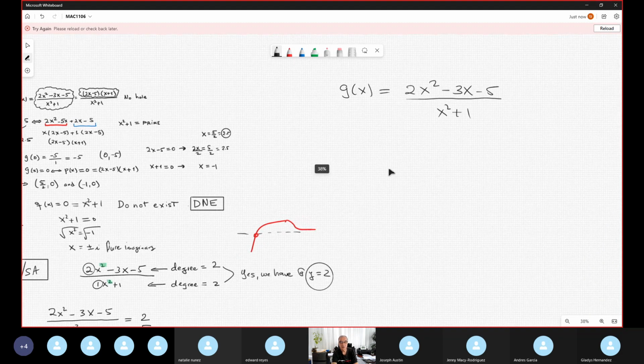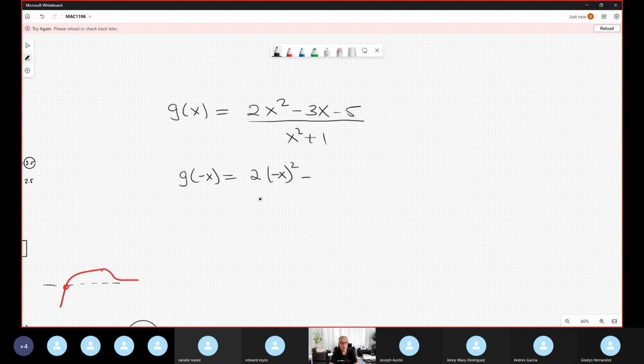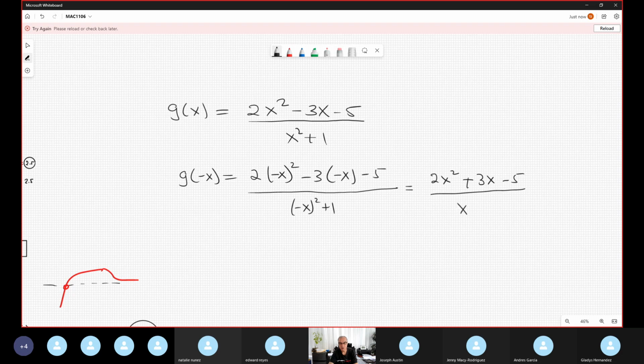When you create a reflection, you have 2 times minus x squared minus 3 times minus x minus 5 over minus x squared plus 1. Obviously the squared parts stay positive. However, the linear part is going to affect this, so you have 2x squared plus 3x minus 5 over, and the bottom stays the same, x squared plus 1.